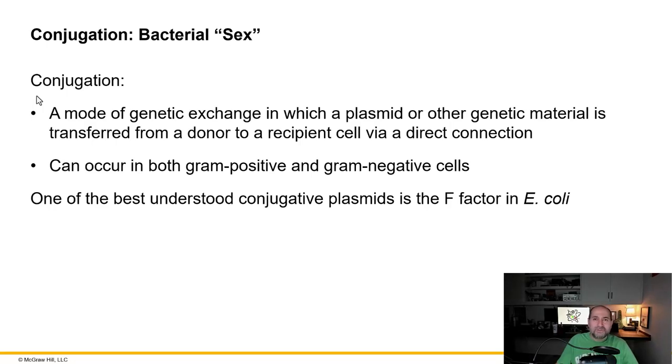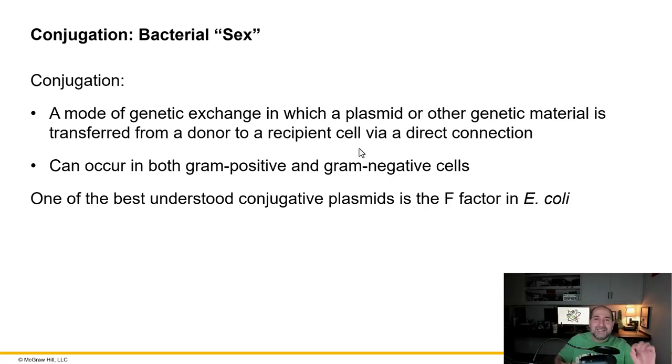The first type of horizontal gene transfer is called conjugation. Remember, this is done through the sex pilus, and through that pilus, either a plasmid or other genetic material, which can include a portion of the genome of the bacterium, can be sent from the donor to the recipient. Now, it's important to understand that this is a one-way exchange of DNA, not a two-way exchange.